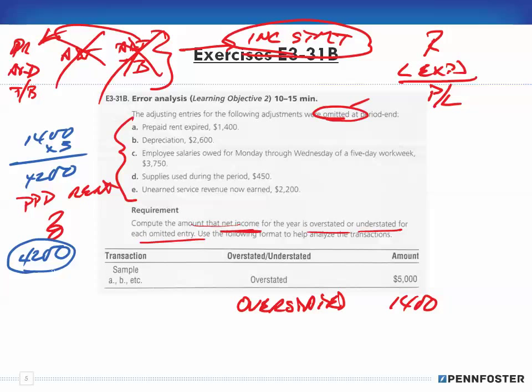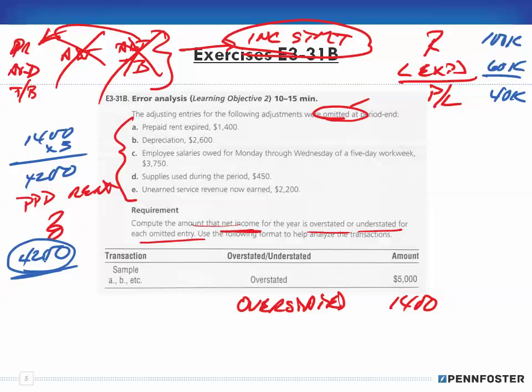So if I have a prepaid rent amount to begin with of 4,200 and I do not make the entry, okay, for prepaid rent, if I had revenues of 100,000 and I had expenses of, say, 60,000, that means I'd have a profit or loss of 40,000.